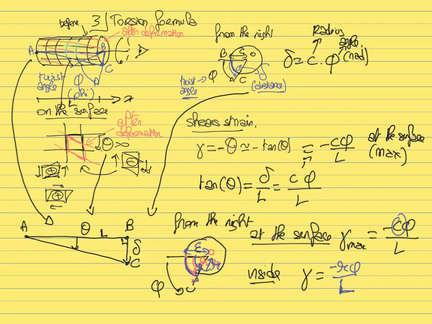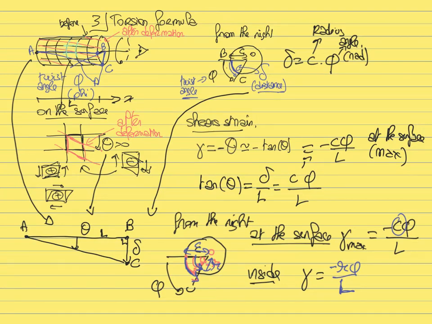So now I have a second expression that gives me the shear strain not on the surface but somewhere inside the shaft. One thing that is useful to do for the following is now to combine those two expressions.